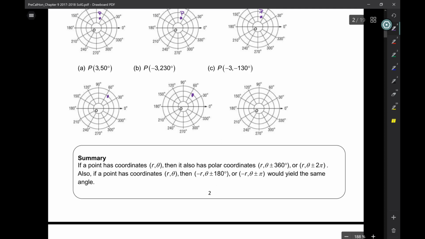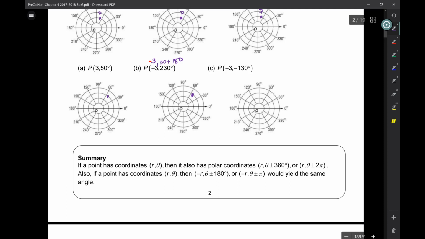Well, what did we do here to theta? It's 50 plus what to get 230? 180, right? So instead of adding 360, I added 180, but what else happened? I made the radius negative. I made R negative. Okay? Here, it's negative 130.